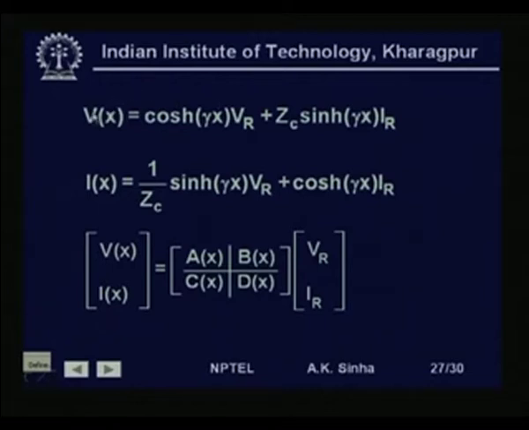That is, voltage at any point in the transmission line can be found in terms of the hyperbolic functions and the receiving end voltage and current.